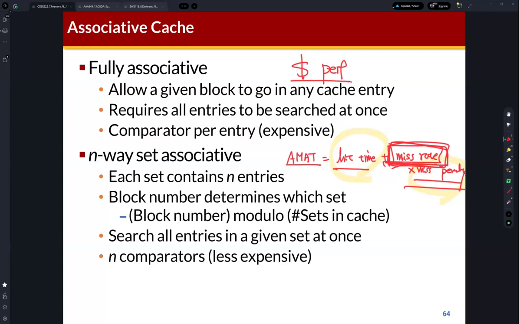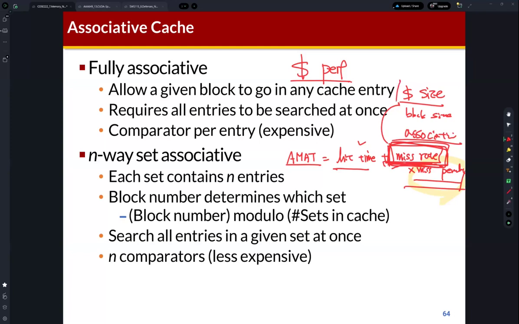What is the cache configuration? Cache size, right? Cache size can also influence the hit time, but the miss rate is also influenced by the cache size, then the cache block size, and then cache associativity.